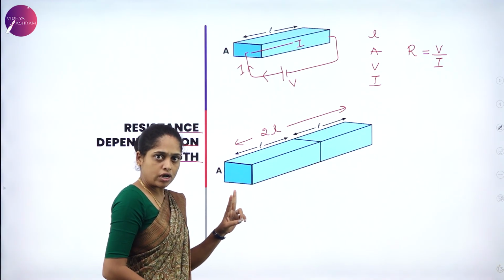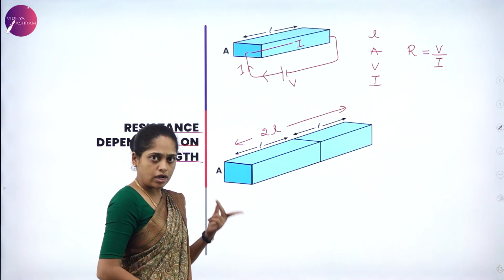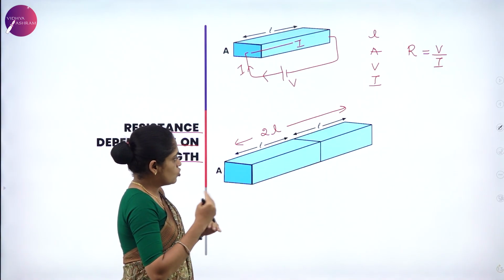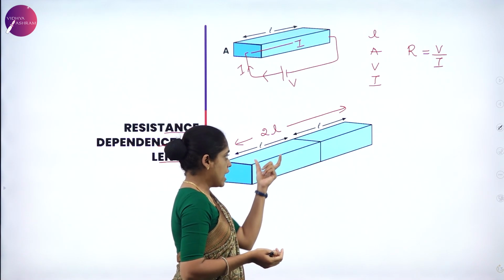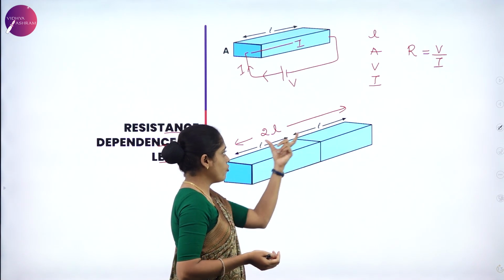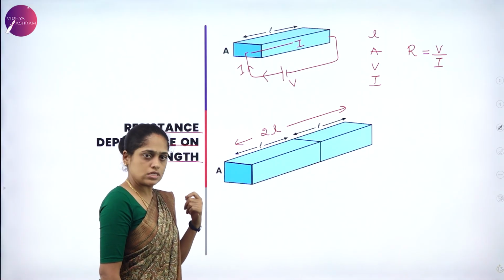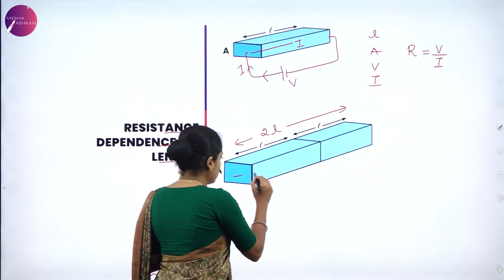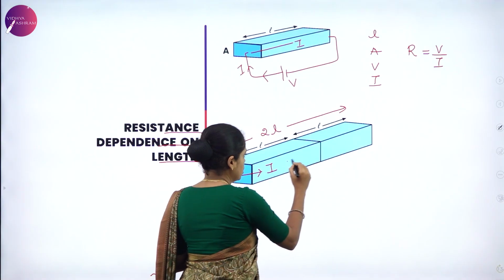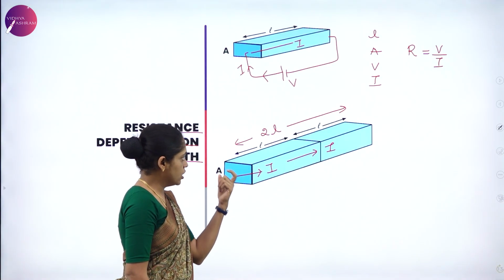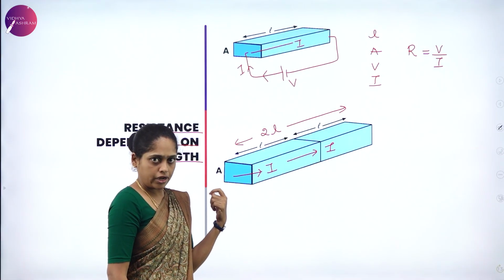We have two conductors, conductor 1 and conductor 2, attached next to each other. They are identical, so the length of the combination is 2L, but the area of cross section remains the same. And the current through this combination is I. The same current flows in conductor 1 and conductor 2.